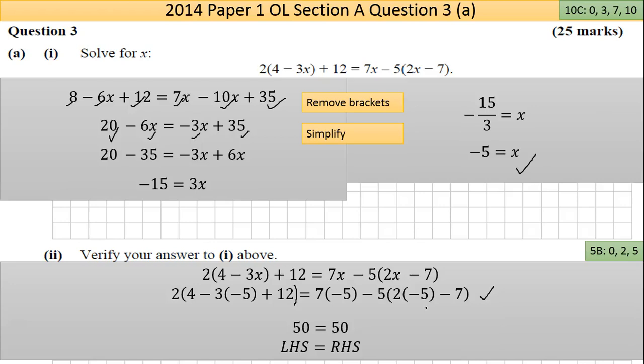I'd have to check the marks exactly to be sure, but even let's say perhaps I had made a mistake and got a different answer, if they can see the mistake you've made in the calculation written down, they'll penalise it appropriately. It might only be a 1 mark reduction. Anyway, how I did it, I got 50 equals 50, so left hand side does equal right hand side, so the value of minus 5 worked.